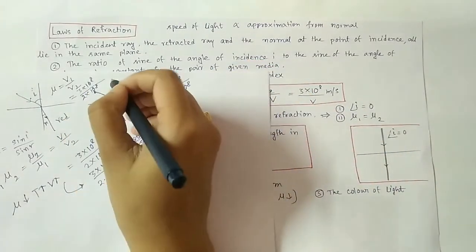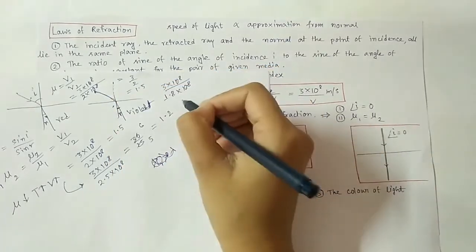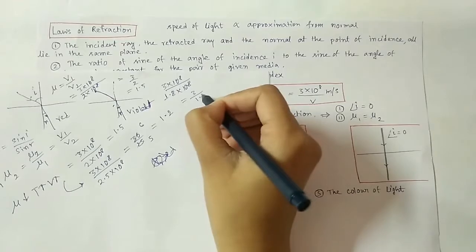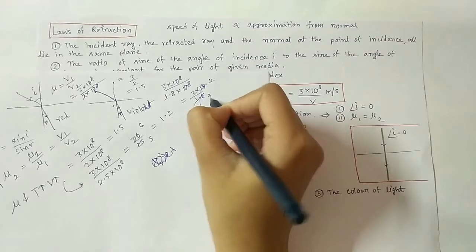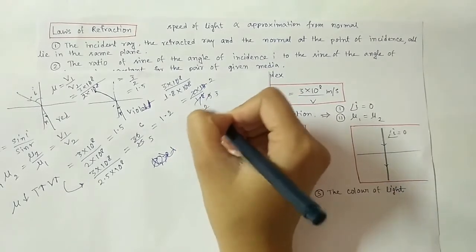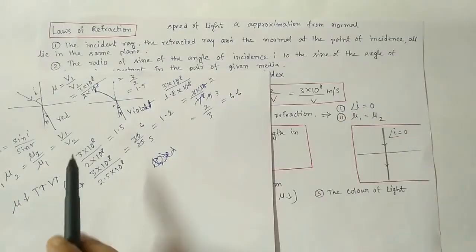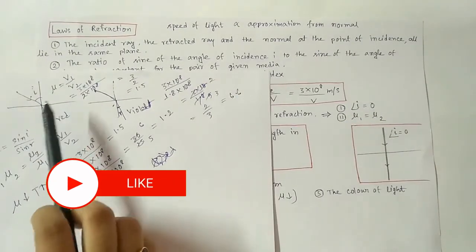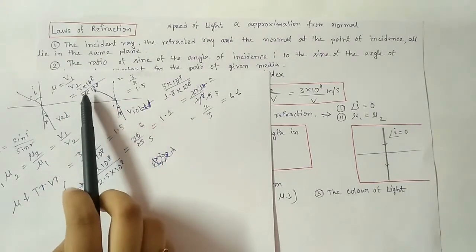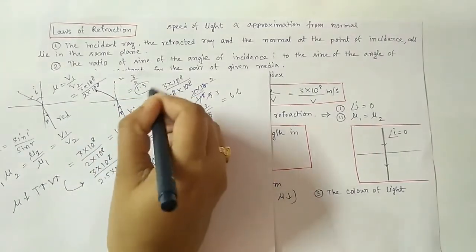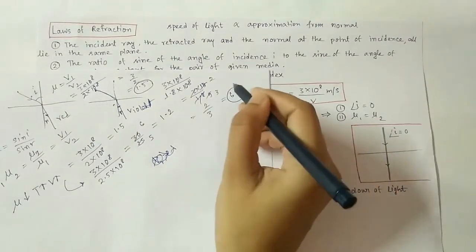If we calculate the two, this will be 3 by 2, or 1.5, and this will be 3 by 1.8, which is about 1.66. So you can see that the refractive index in the medium where you use red light is less than the refractive index where you use violet light.